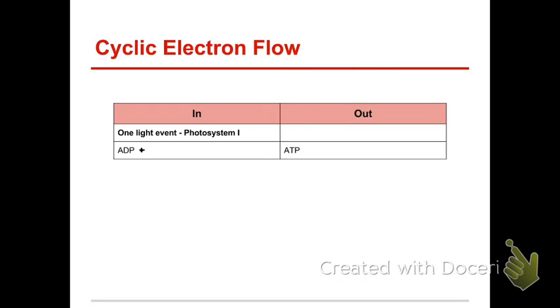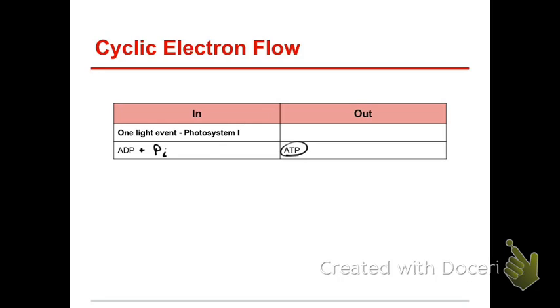If ADP is going to make ATP, what else do we technically need? A phosphate, an inorganic phosphate. You need the battery to recharge. But all that comes out is ATP molecules. Not to say they're not important, but that's not the full equation of photosynthesis. We've just got one little intermediate that's going to be used up eventually.